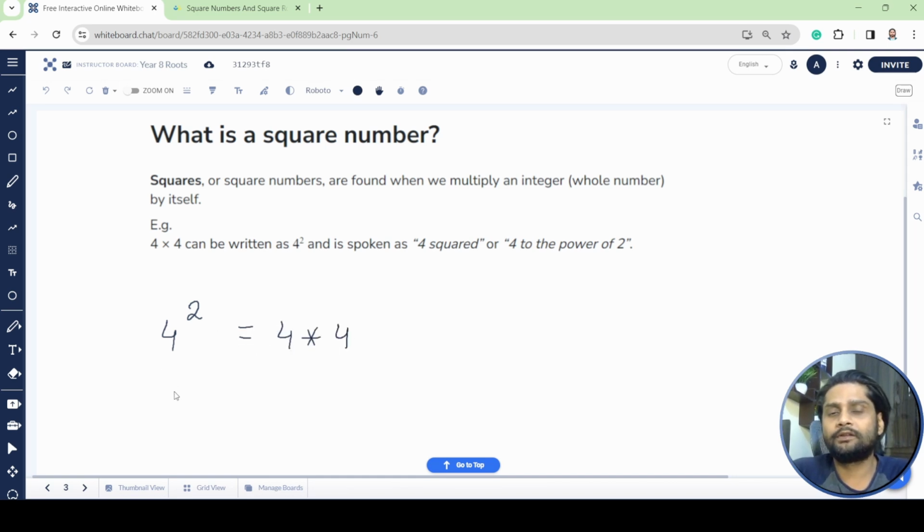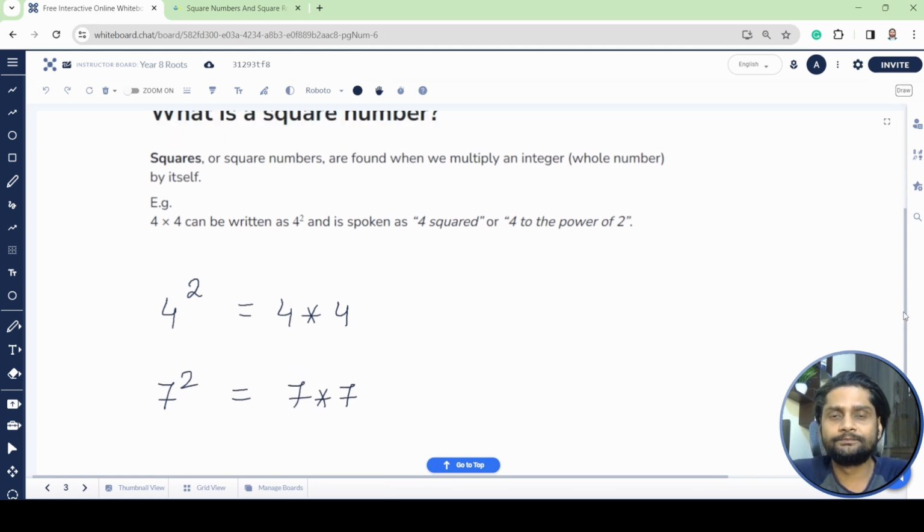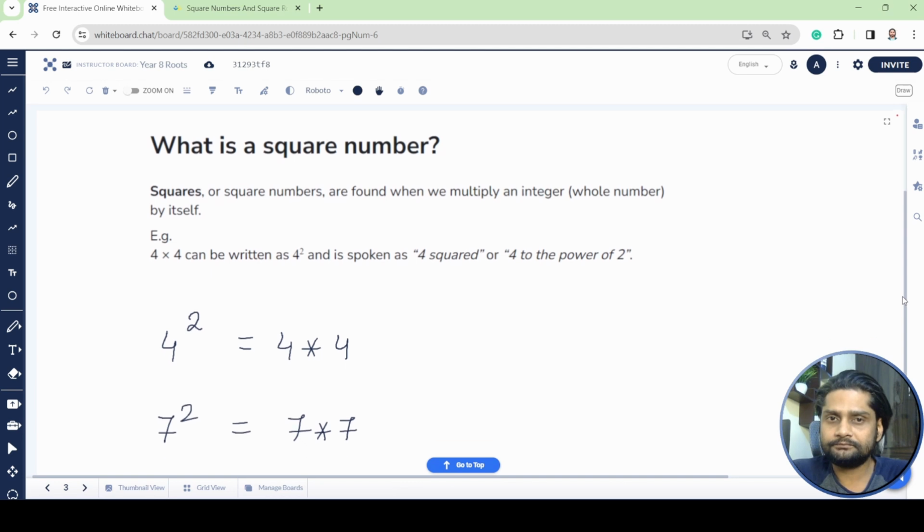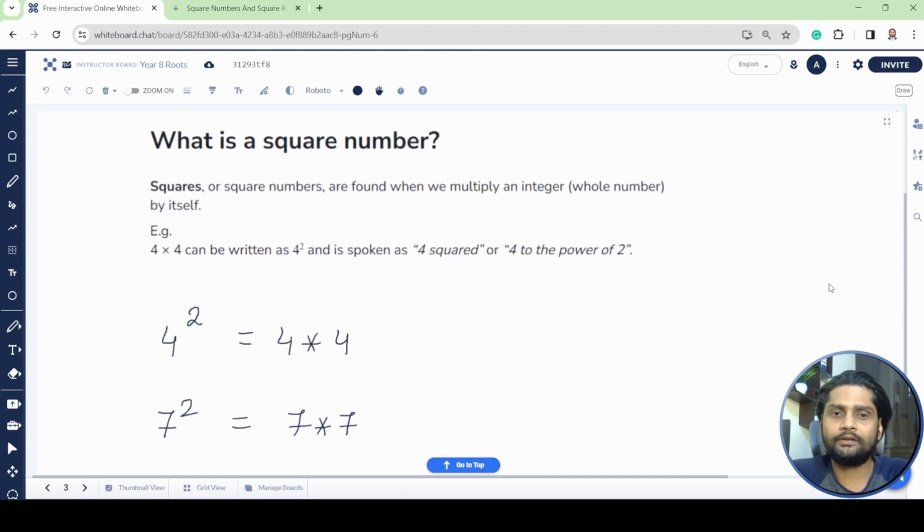And similarly, we can have any number. Suppose it is 7 squared, then you would say 7 times 7, which is 49. So the idea is, whenever we raise to a power of 2, that is called a square, and we say that particular number is squared, and whatever the result is, we can write on the other side.